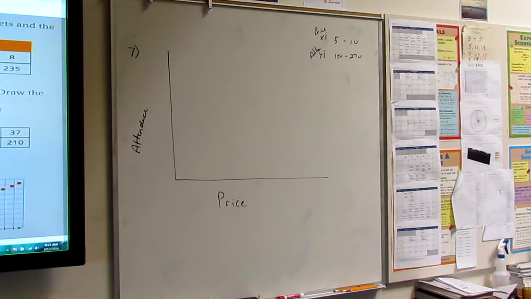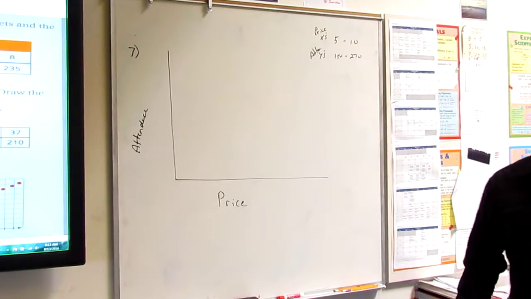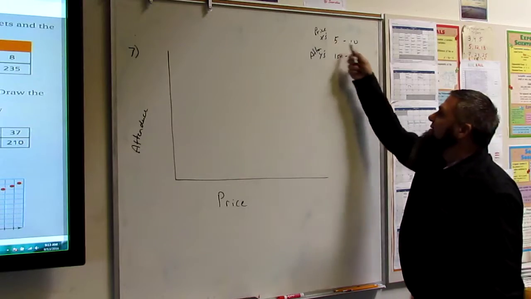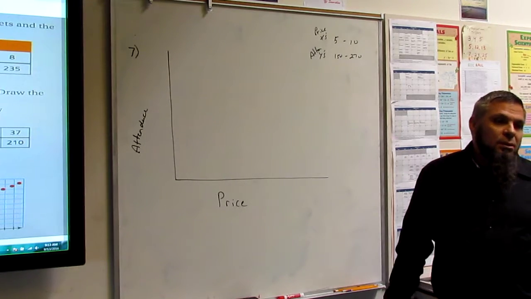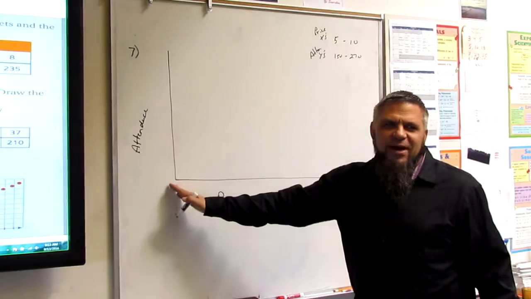Now before we can graph the scatter plot, I have to have some numbers. So what I did is I said, hey, the X's go from 5 to 10. So how am I going to list this? I don't want 5 right here.